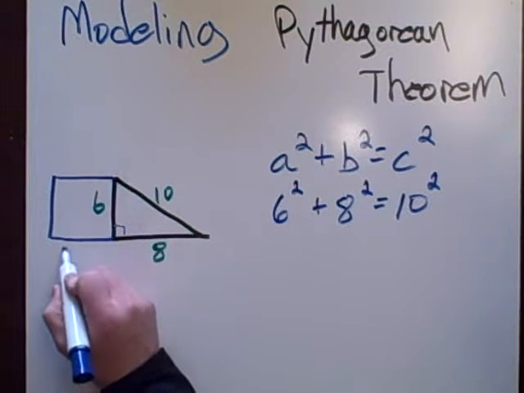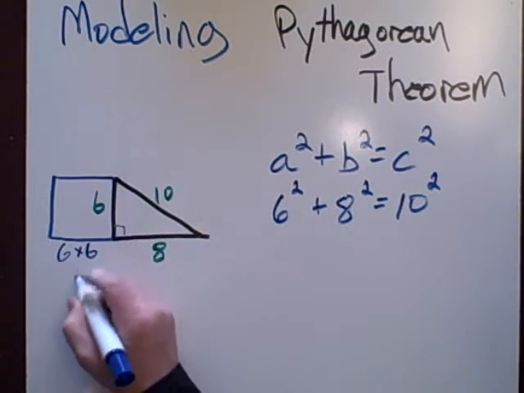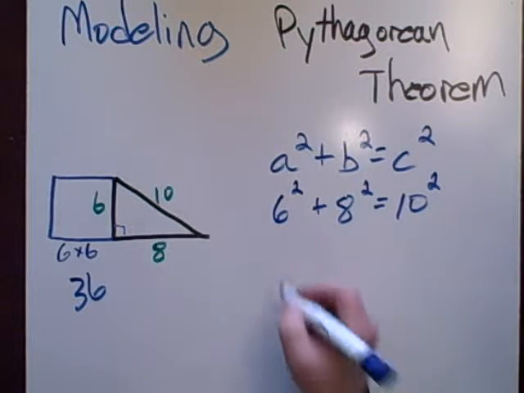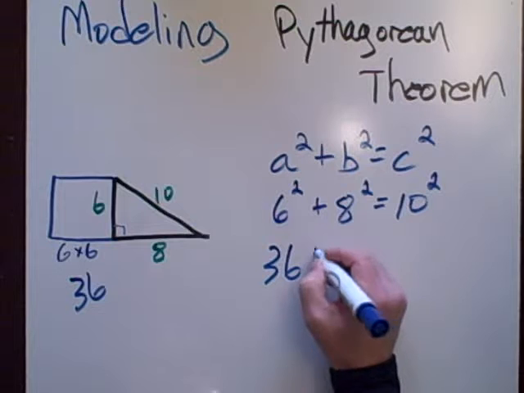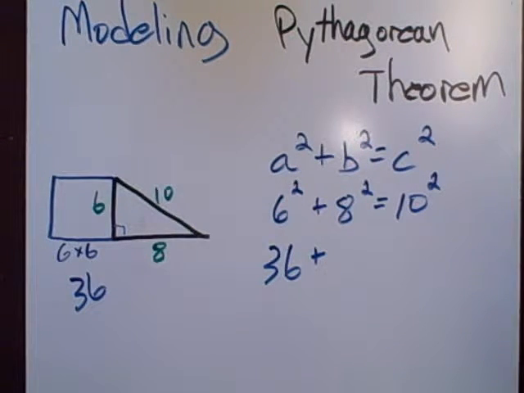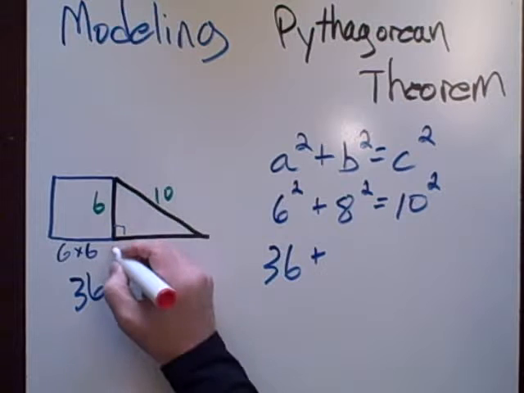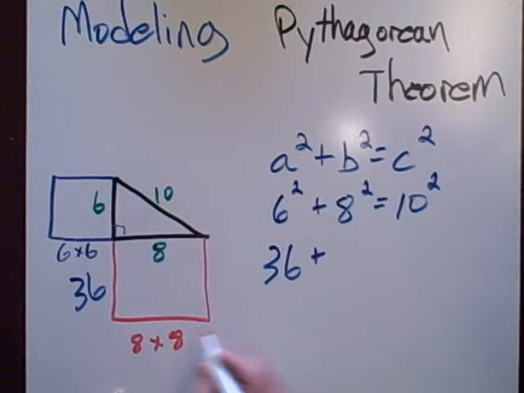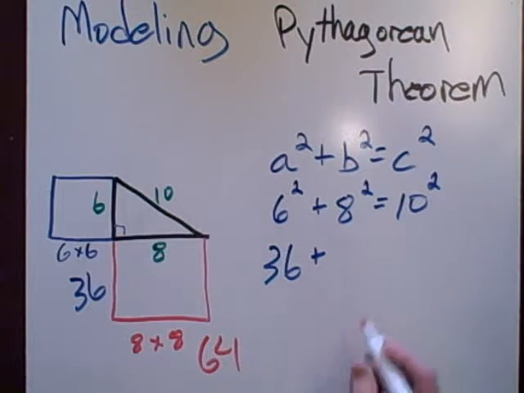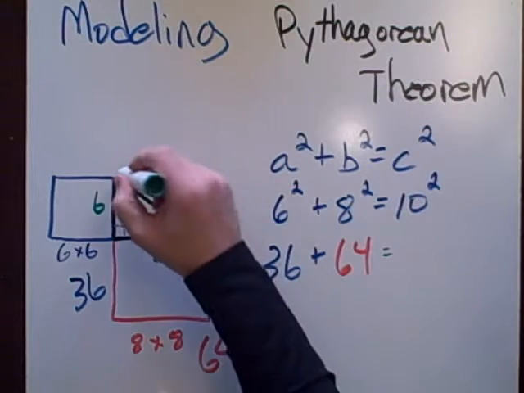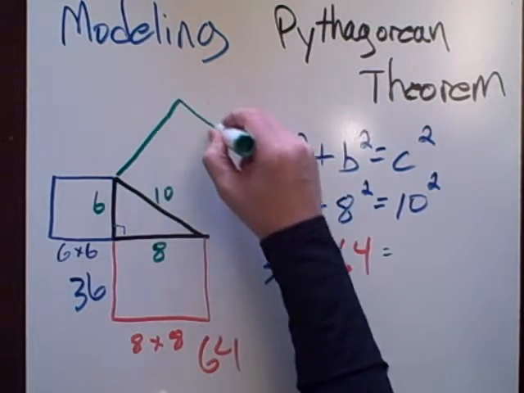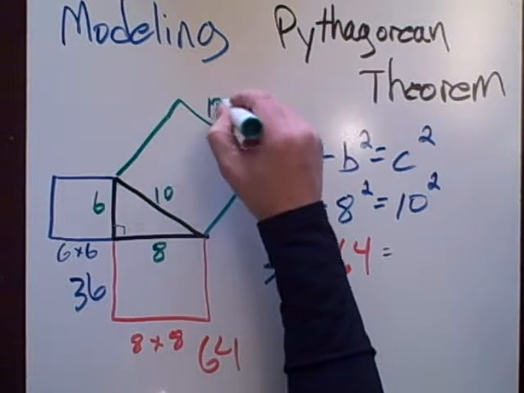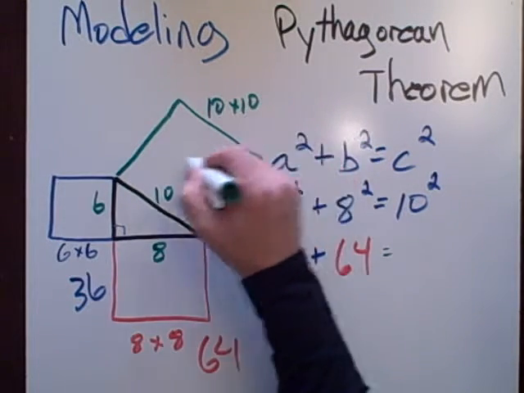And to find the area of that, it's 6 times 6, or when we square 6, we get 36. So that's 36 plus, then we also square 8. When we square 8, that is going to be 8 times 8, which is 64. So 36 plus 64 equals, and then we square the c, or the hypotenuse, and that is going to be 10 times 10, which is 100.